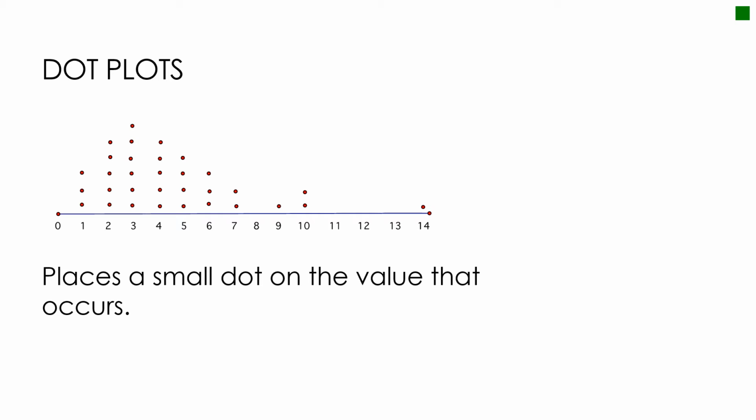The disadvantage is that it's a pain to make by hand, and if we did make it by hand, it's very easy to not keep the same amount of space in between each dot, which can make our data appear not quite as great as it should.